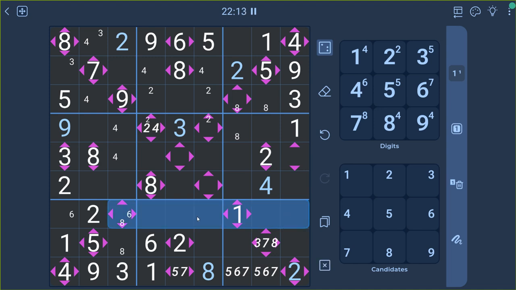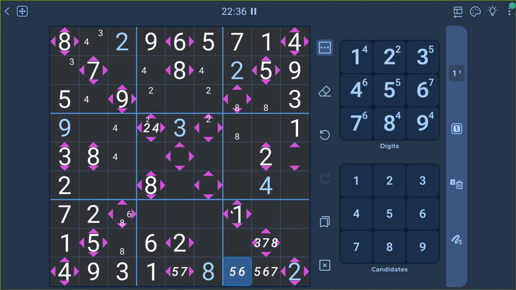Now this is a row 7. So there is a 7 in row 1. And it's column 7, so there is a 7 in column 1. This can no longer be 7. It's 5 or 6. This can no longer be a 5.